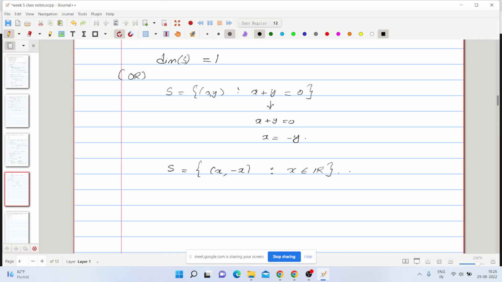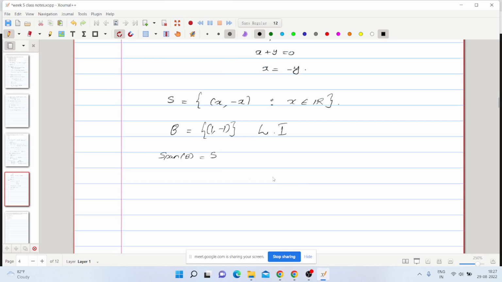From this also we can say, if I take B equals 1, minus 1, what do you think about span B? Yeah, span B is S. And this is only one element, a non-zero element. So B is also linearly independent, right?